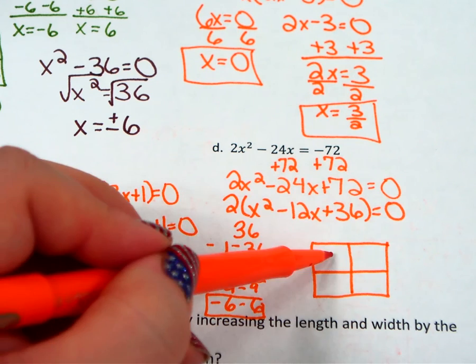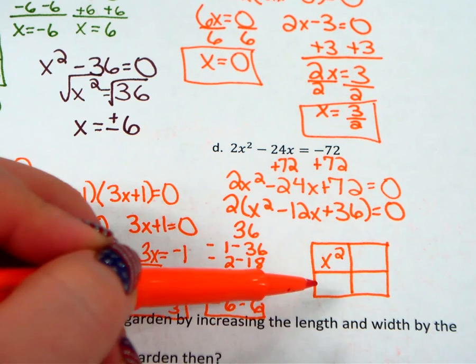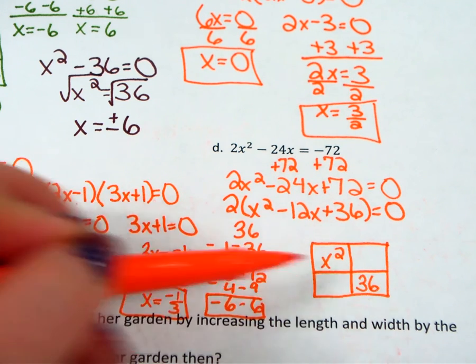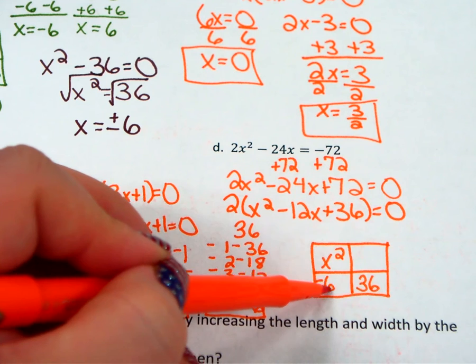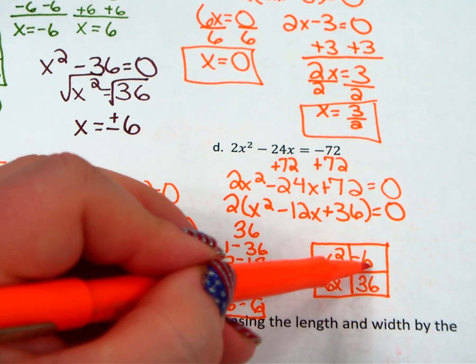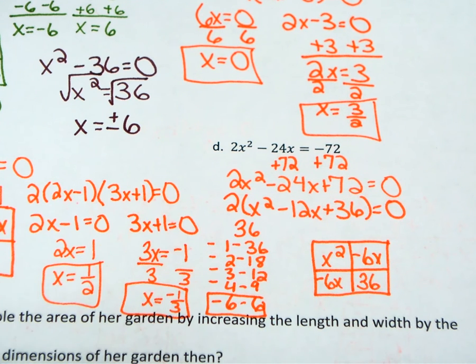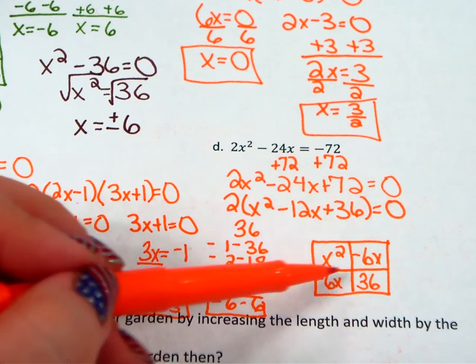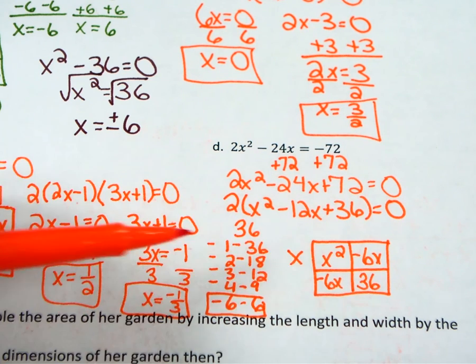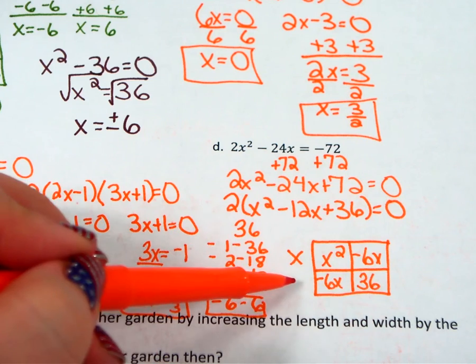So I have x squared in the first box, then 36, negative 6x, and negative 6x. Out of the first row, I can take an x out. The last row, I can take a negative 6 out.